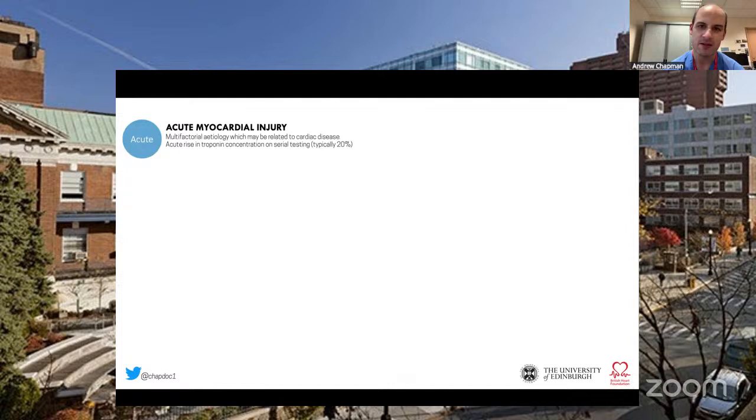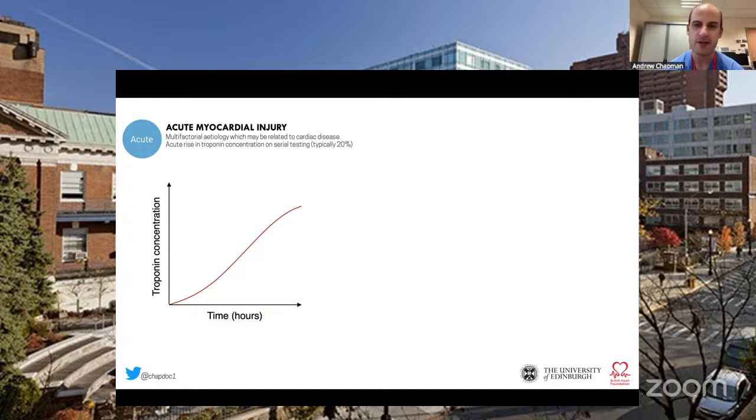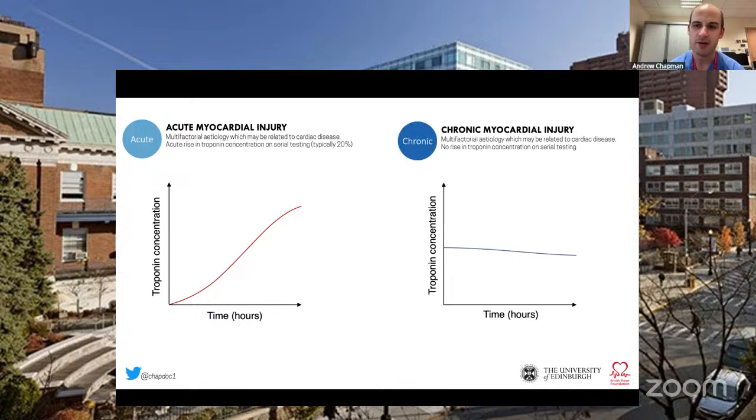This can be an acute myocardial injury when there is a rise on serial testing. Typically a reference of about a relative 20% is used. That's not a firm recommendation, but it's one that's often applied. Or there could be a chronic myocardial injury, a setting that tends to be more common in patients with chronic kidney disease, where stable troponin elevations are noted, or indeed in patients with hypertensive heart disease.